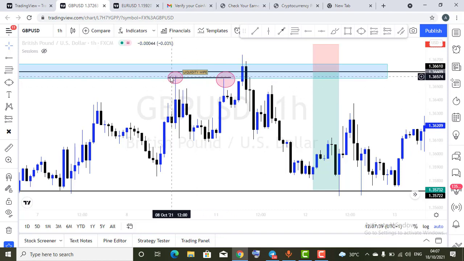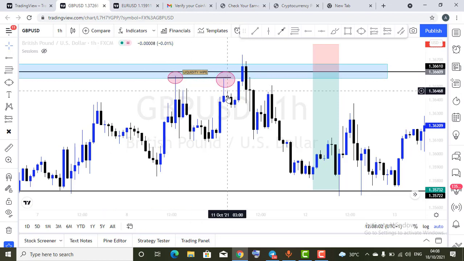Now you could see these 2 points, which looks like a double top, which actually is a double top, and most retail traders will trade this as a double top. If you go to a lower time frame like 15 minutes, 5 minutes, you're going to see very clear candles printed on this whole spot, which looks exactly like a double top.